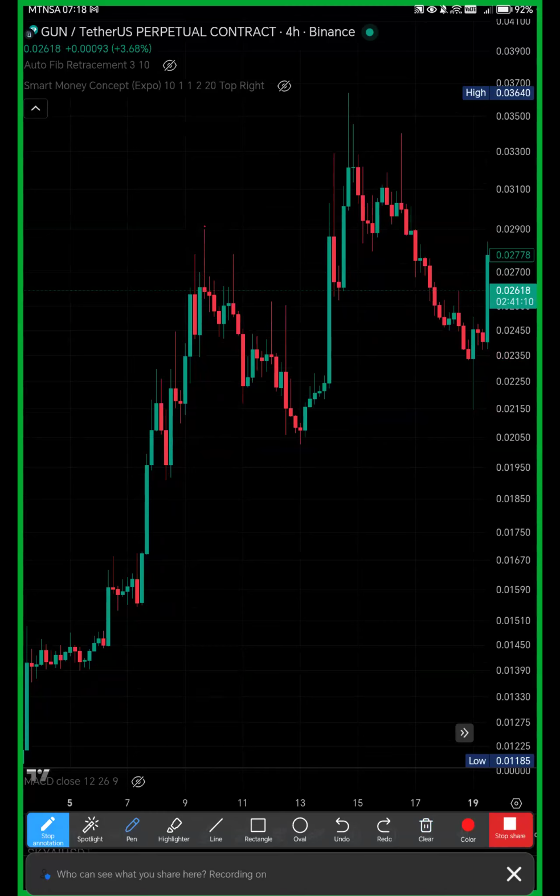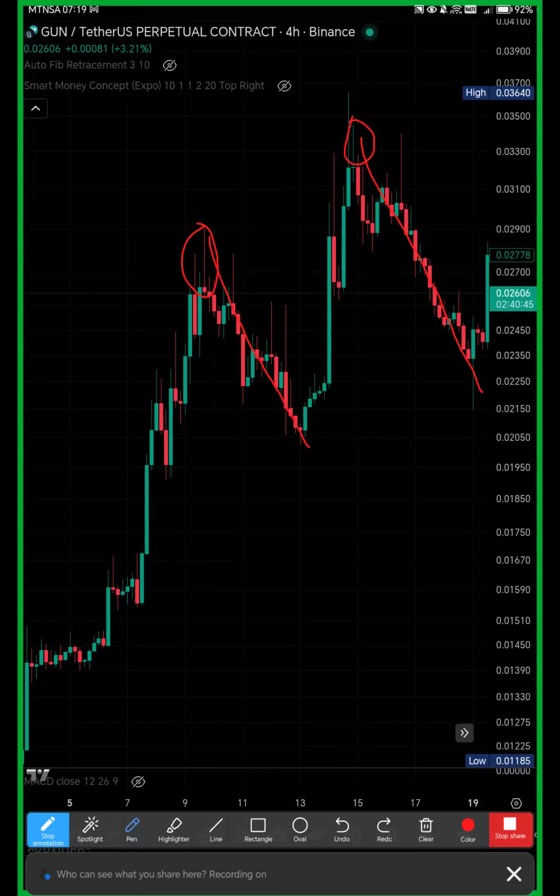The appearance of this pin bar tells you something as a trader. The appearance of the doji here tells you something as a trader. As a result, you are able to see that the market went down. The market went down because of the significance of these two candlestick patterns.